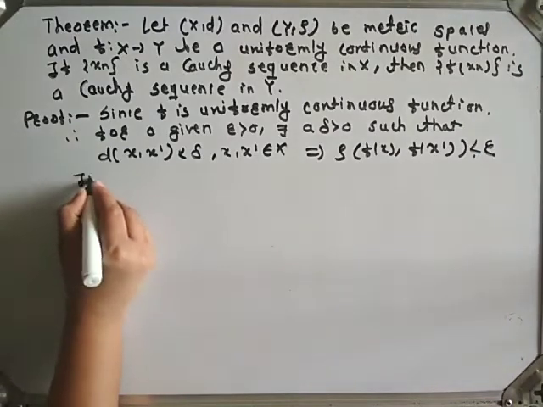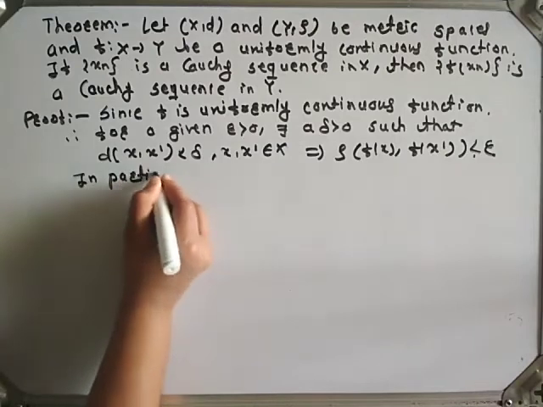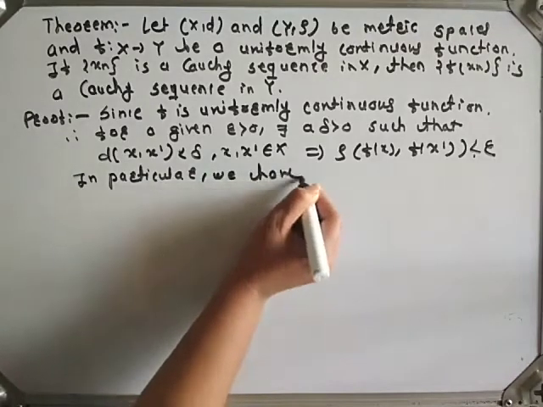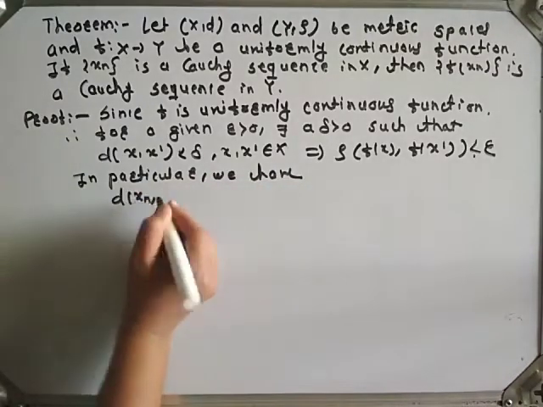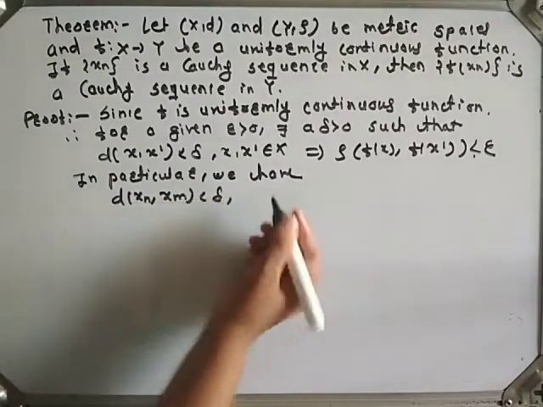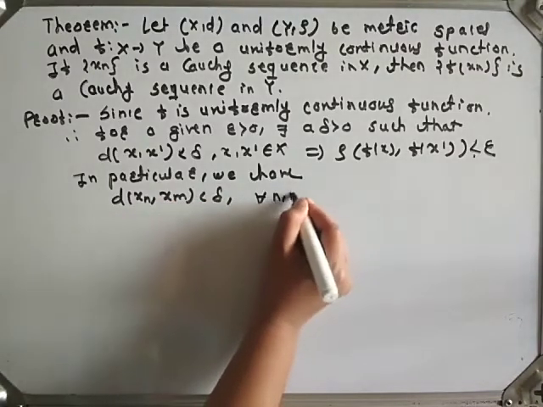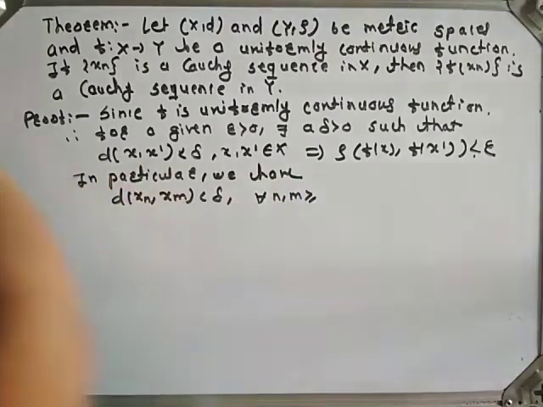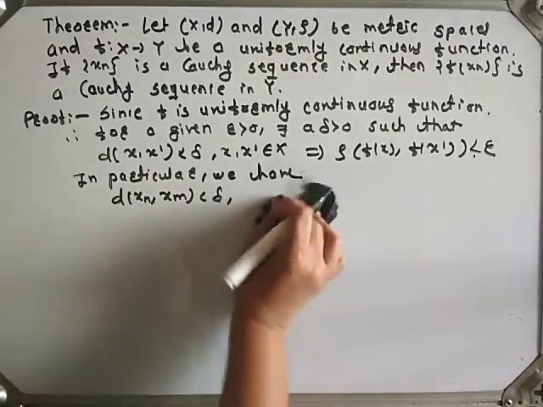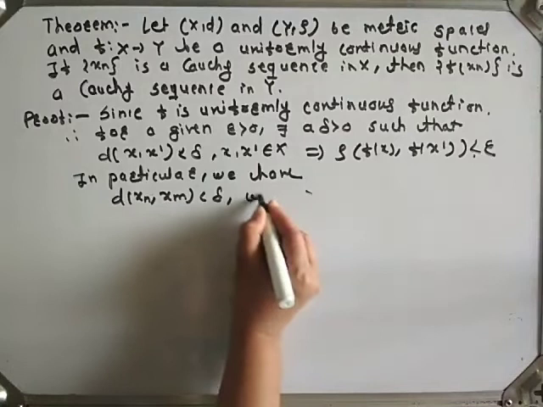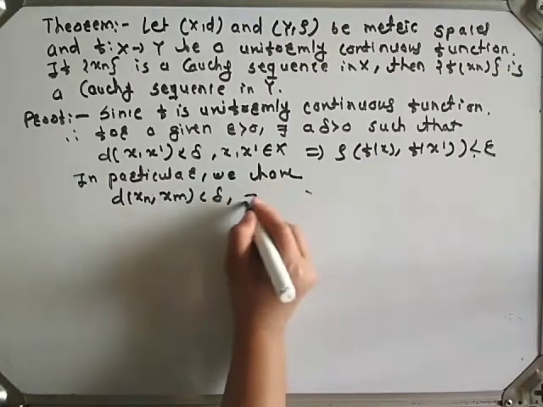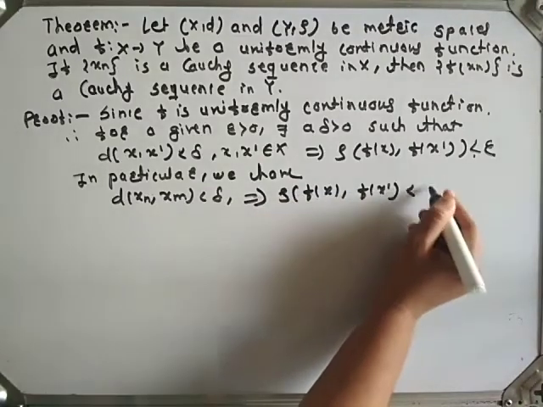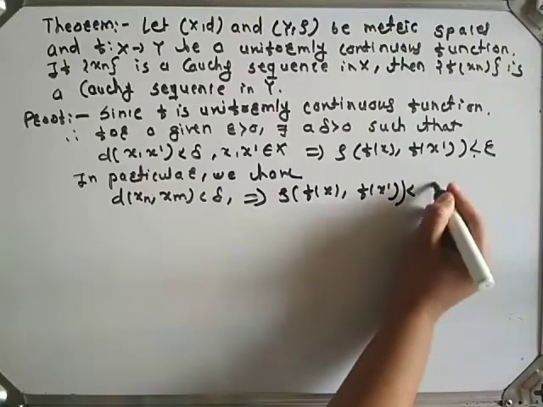Okay, in particular we have d of xn comma xm strictly less than delta implies rho of f of x comma f of x dash is strictly less than epsilon.